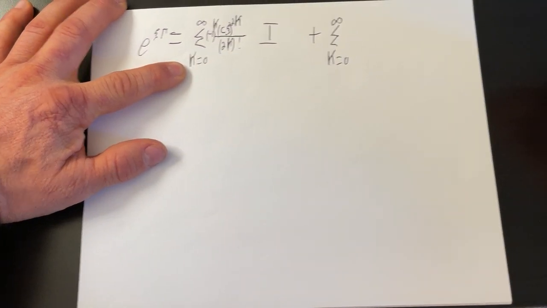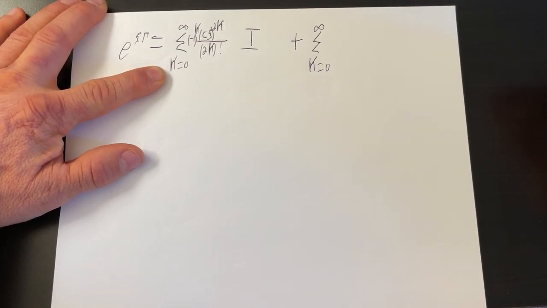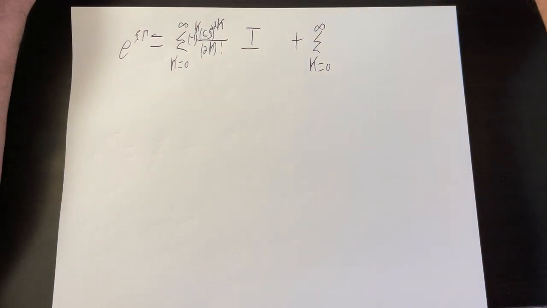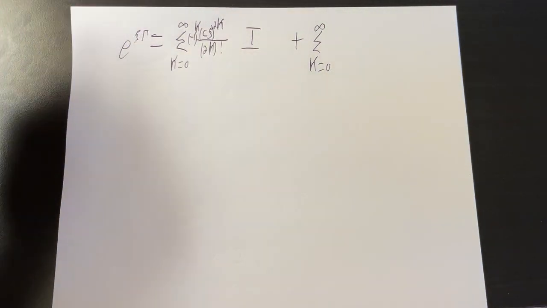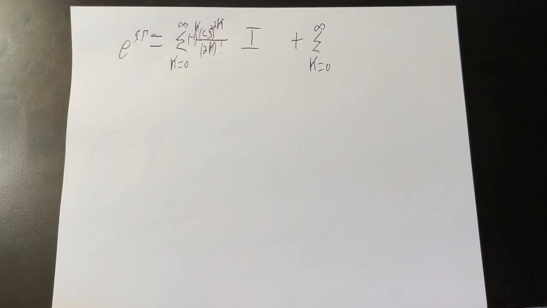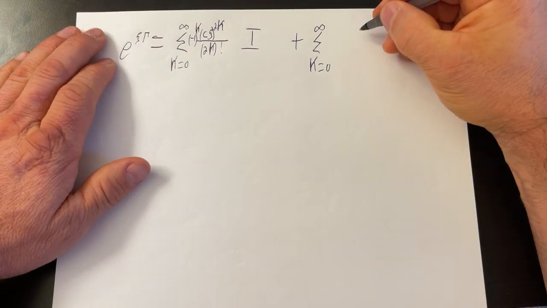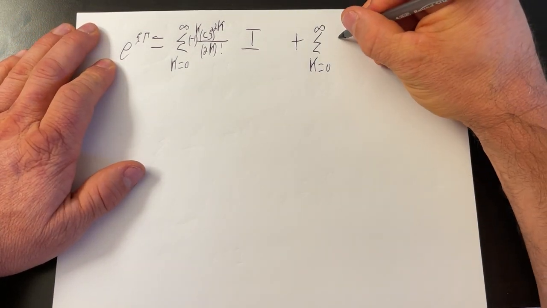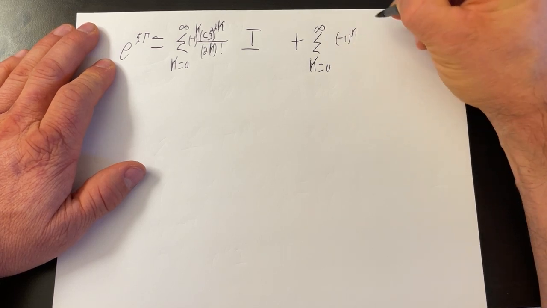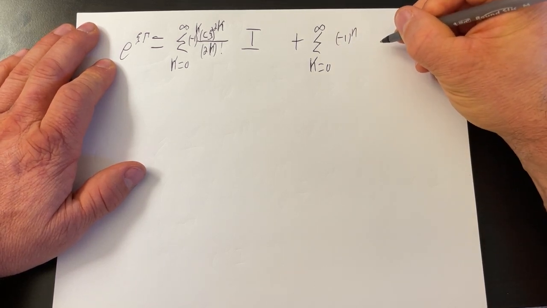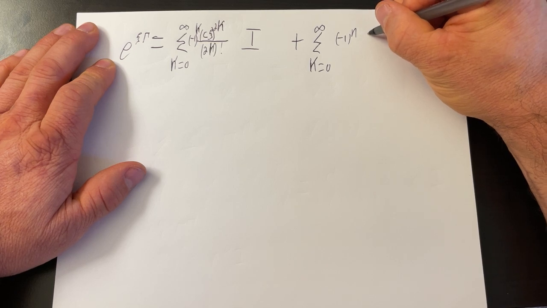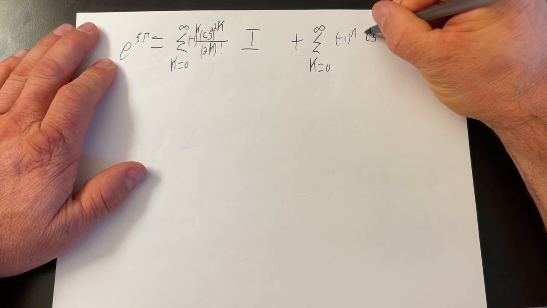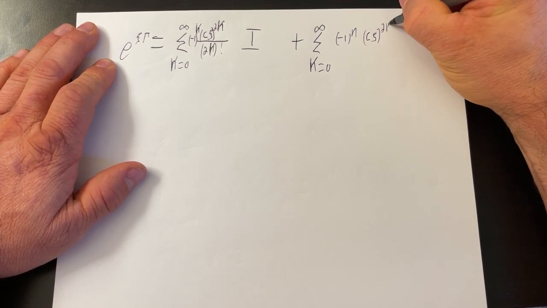Okay, and then for the odd terms, we get something very similar. So there's the -1 to the nth power. And we'll get cosine times c to the 2k plus 1.